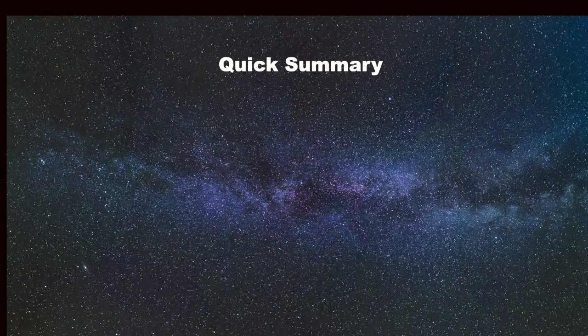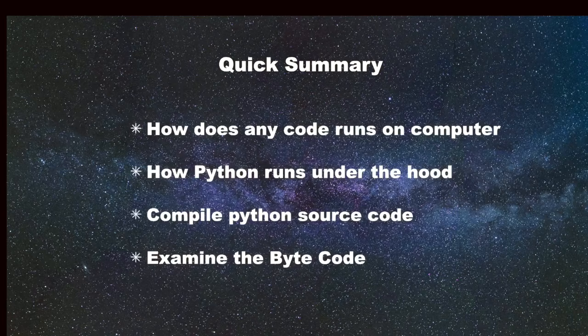Let's have a quick summary. First, we have seen how any code runs on the computer. Then we discussed how Python runs under the hood. We understood that logically we can think of the Python interpreter as two components, the compiler and the Python virtual machine, that is PVM. The compiler reads the source code and converts it into bytecode instructions, and the Python virtual machine PVM executes the bytecode on the hardware.